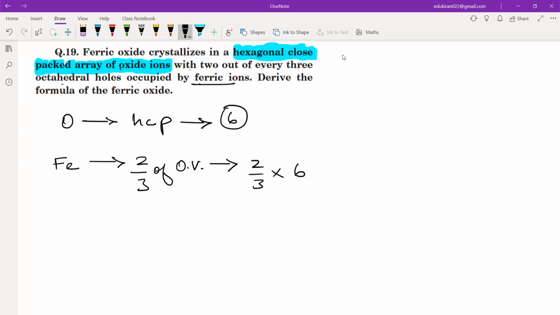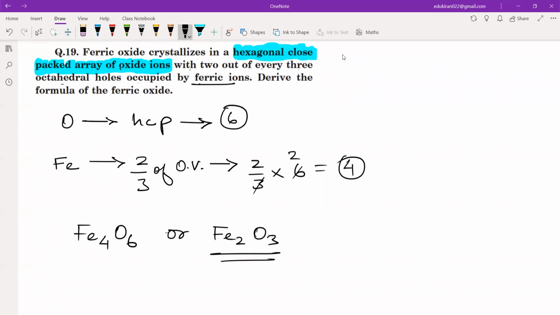There are 6 octahedral voids in HCP, because the number of octahedral voids is equal to n, है ना? So this will be multiplied, and this will be 2. So you'll get here 4. So you get the formula as Fe4O6, है ना? Or Fe2O3. See, simple question. Very simple questions.